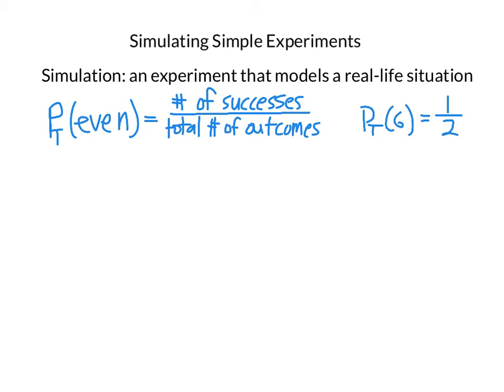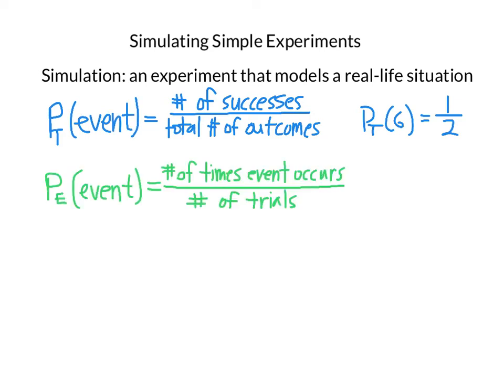Experimental probability is P sub e. So it's P sub e of the event, and I should have had a t up here, I put one on now. It's the number of times the event occurs over the number of trials. So in this example where we were either flipping a coin or spinning a spinner, it would have to be how many girls we actually got.